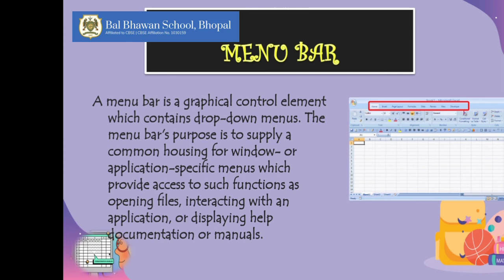Then we have the menu bar. This menu bar is also in Microsoft Word and PowerPoint, but a few elements are different. A menu bar is a graphical control element which contains drop-down menus.